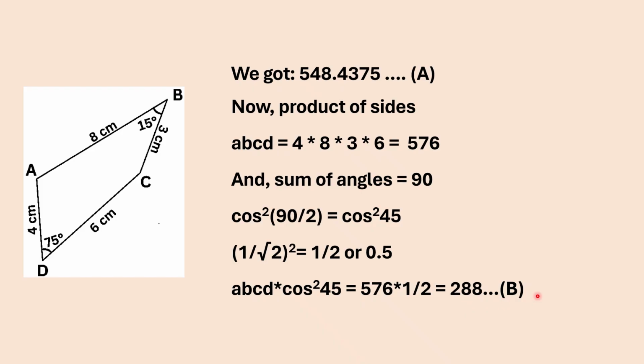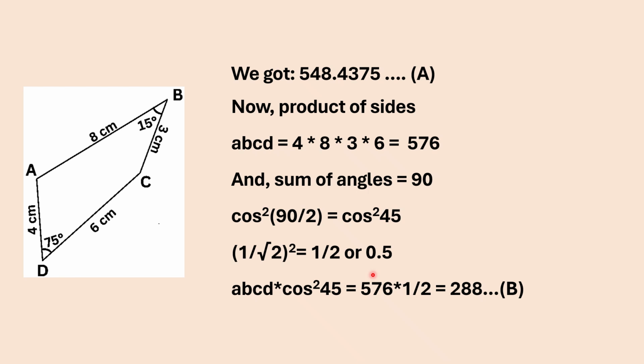This is result B. So what we calculated is the product of sides ABCD and cos square of half of the sum of these two angles. The sum of these two angles is 90, half of that is 45, cos square 45 multiplied by the product of sides 576.